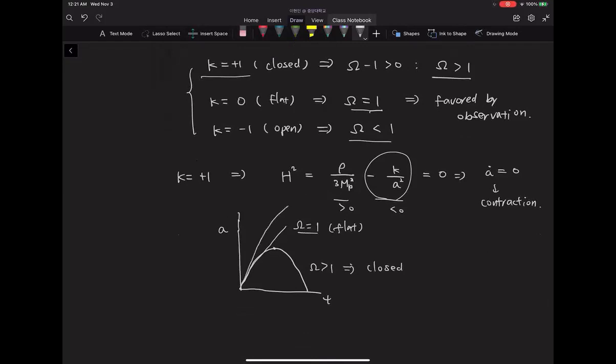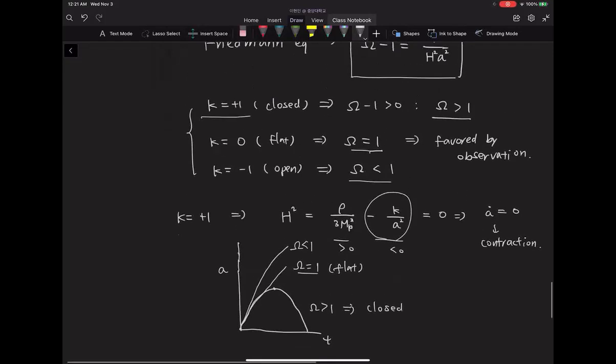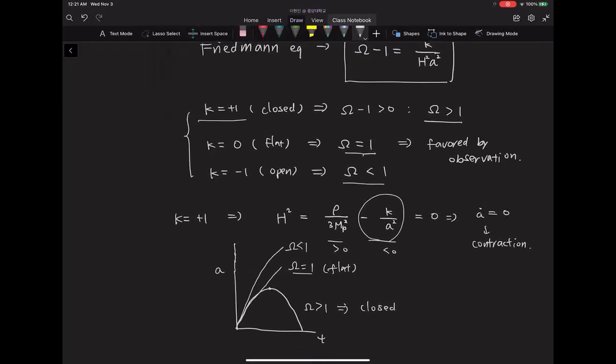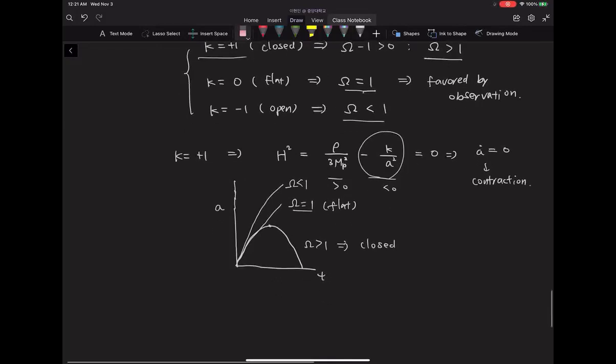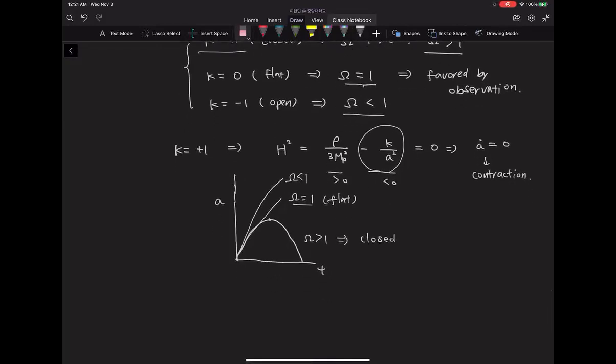If omega is smaller than 1, so k is negative, then you have an extra contribution to the effective total energy density due to the spatial curvature, so the universe expands much faster than in the flat case.